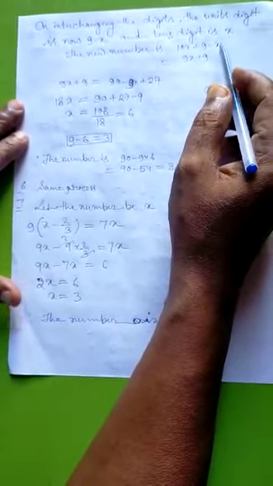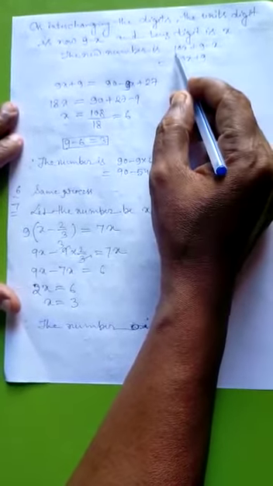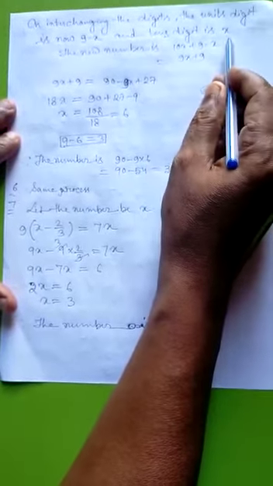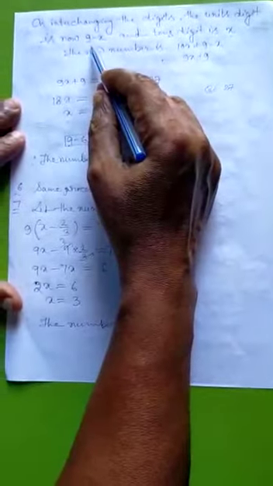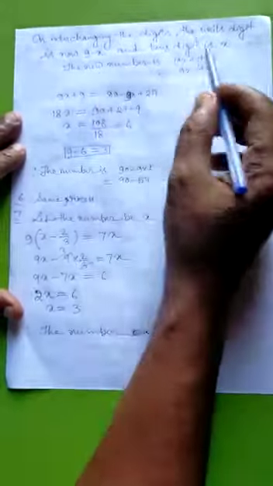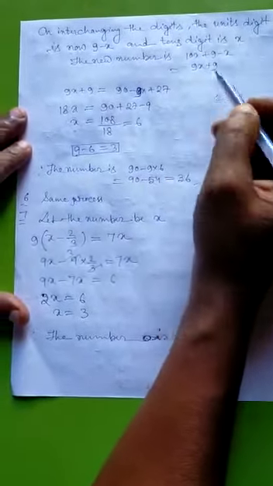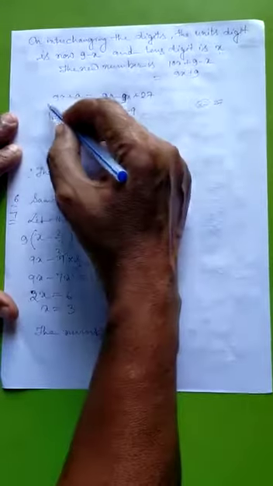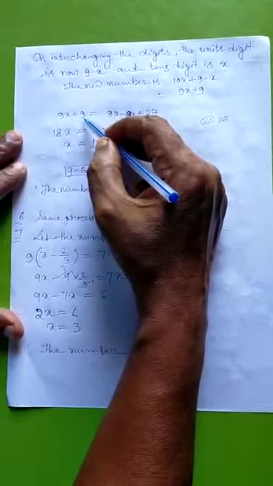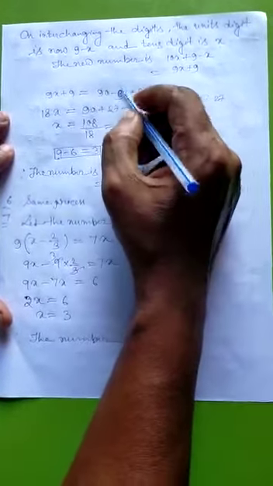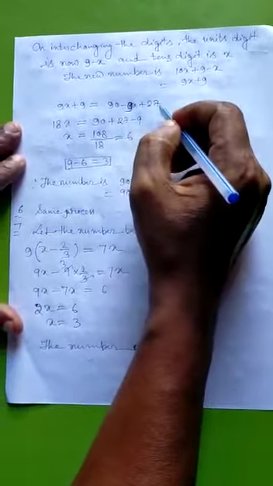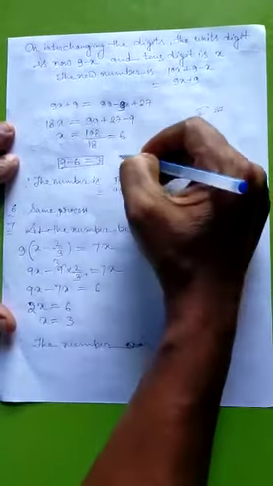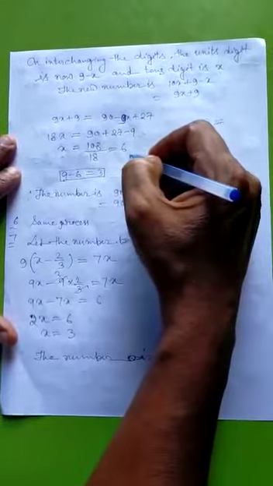Okay. So now the new number is 10 into tens place here, and this is ones place. Always it will be added. This is 9x plus 9. Now they are saying the new number after interchanging is the previous number plus 27. Now calculating, we are getting x equals 6.